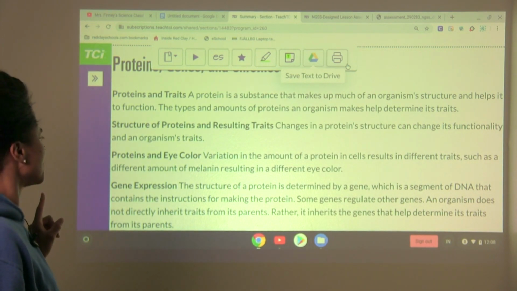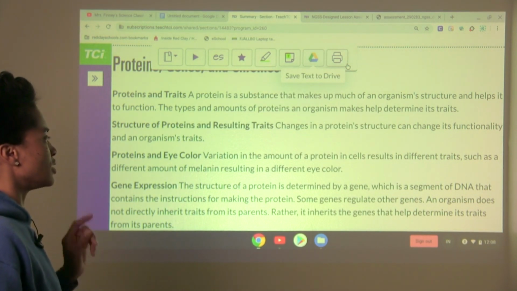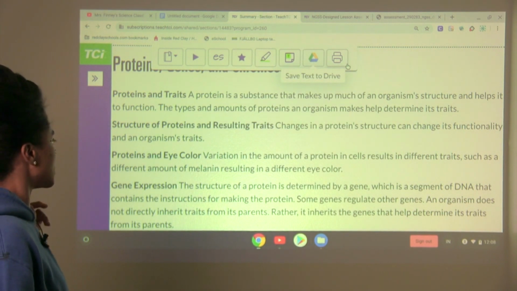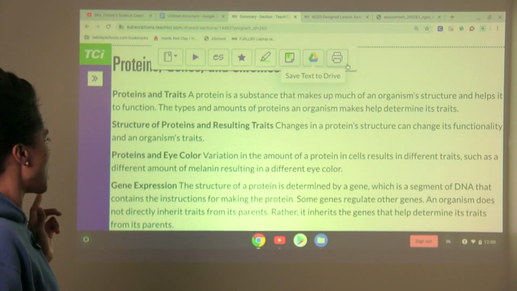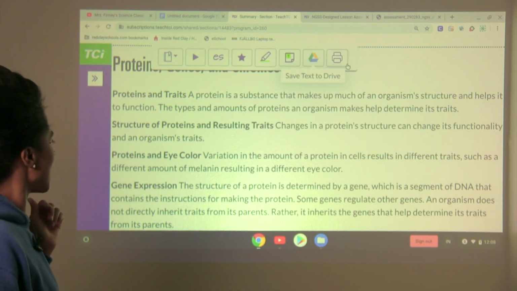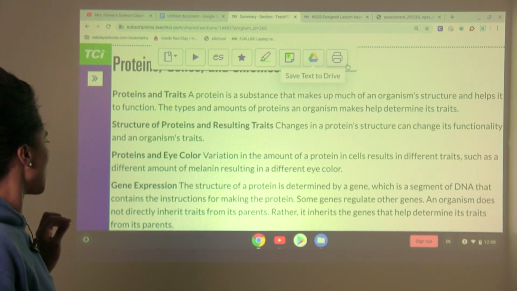Let's look at section 2. Structure of proteins and resulting traits. Changes in a protein structure can change its functionality and an organism's traits. And we looked at sickle cell to give us an example of how that could happen.